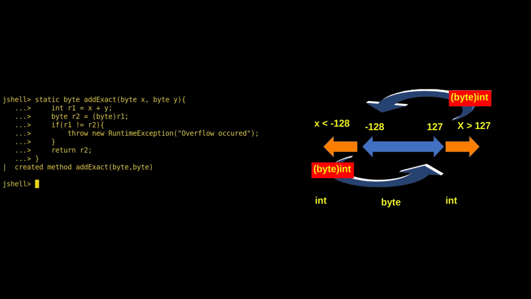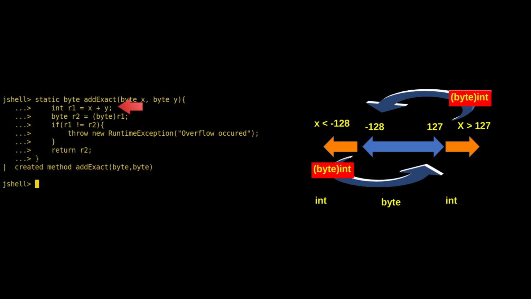So that's what I'm doing in this method here. I'm creating a static method that returns a byte, and I'm also naming it addExact, and instead of taking ints, it will take 2 byte variables x and y. And then inside it, we know that when we do an addition, by default it will change the bytes to an int.